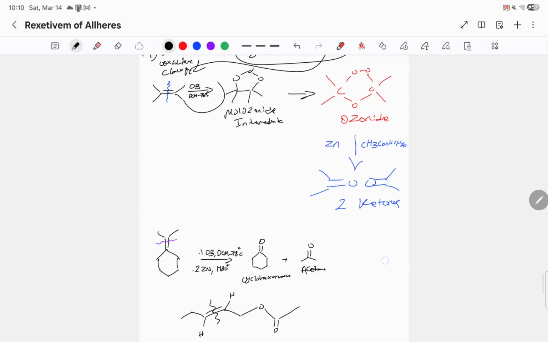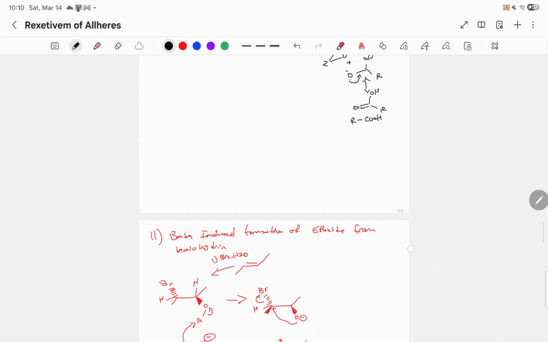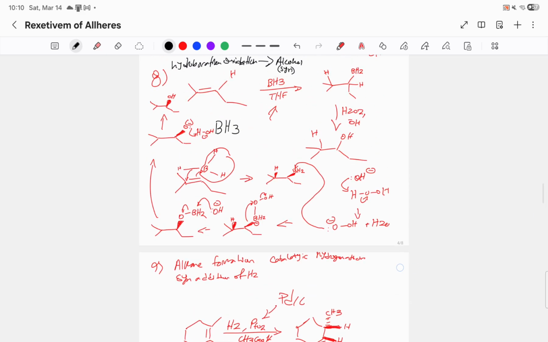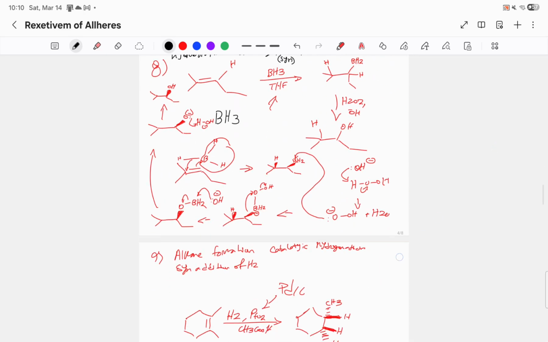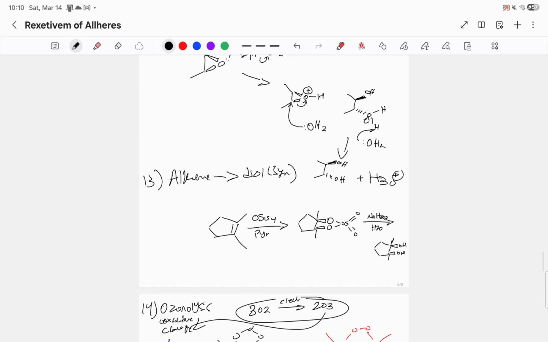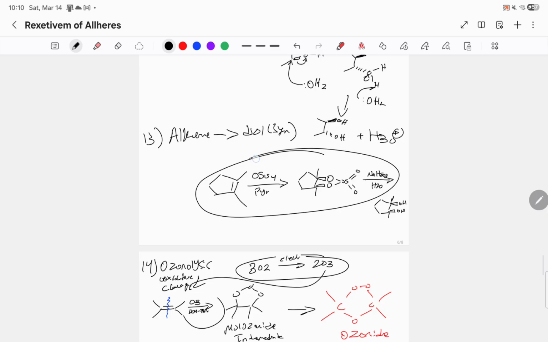Again, if we scroll back up, there it is, my osmium tetroxide and pyridine and NMO for the catalytic version. And of course, I would use NaHSO3 at the end in water, and that would give me a syn diol.